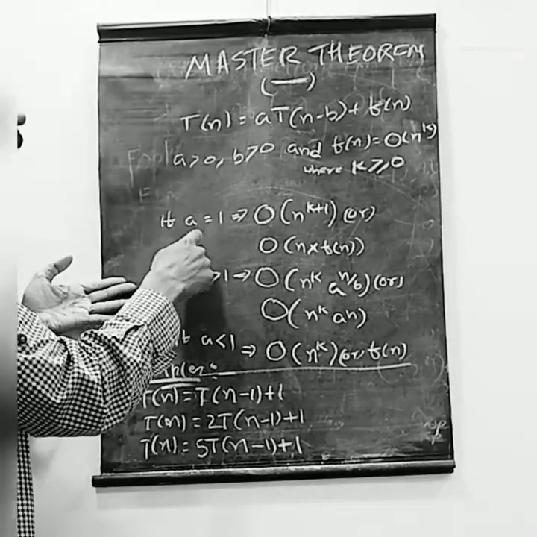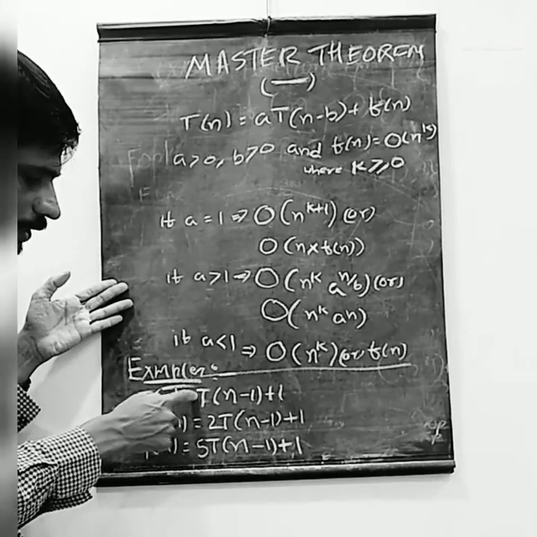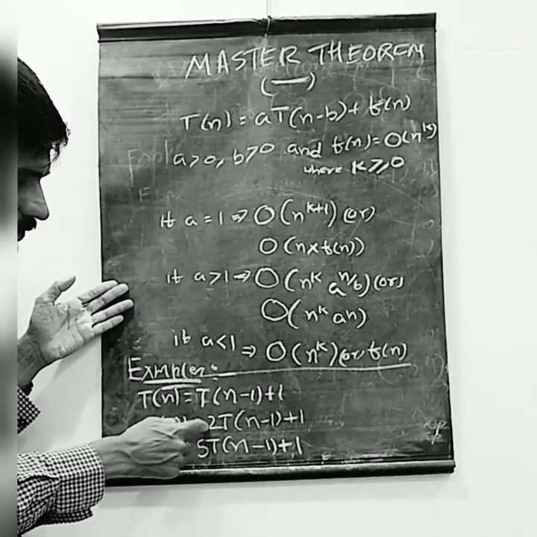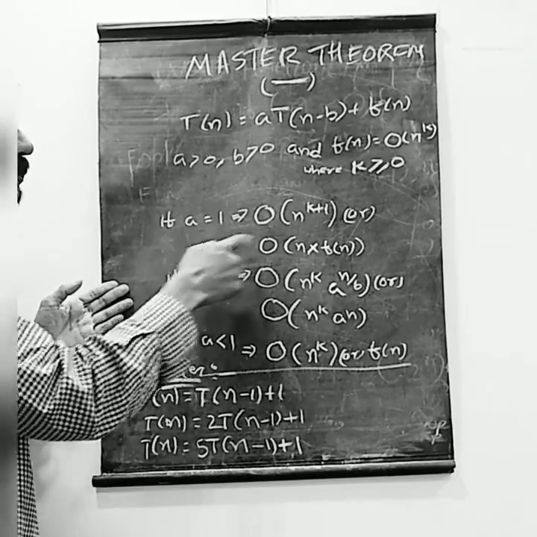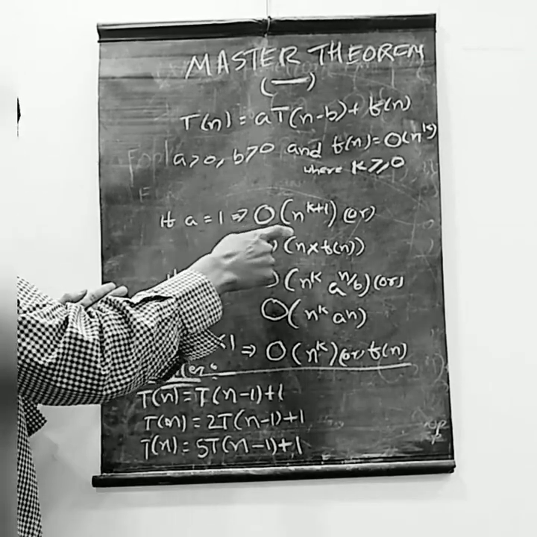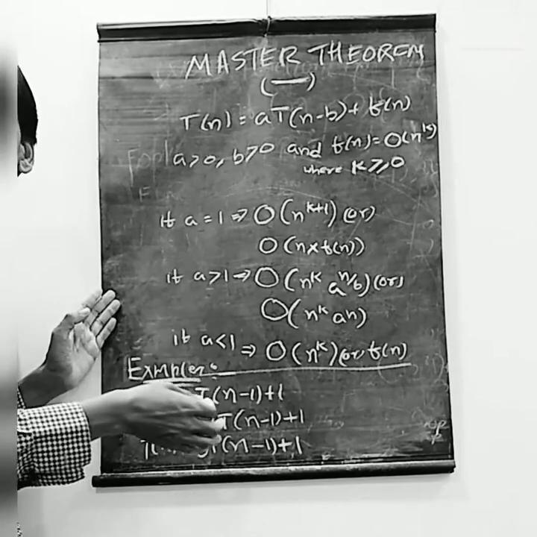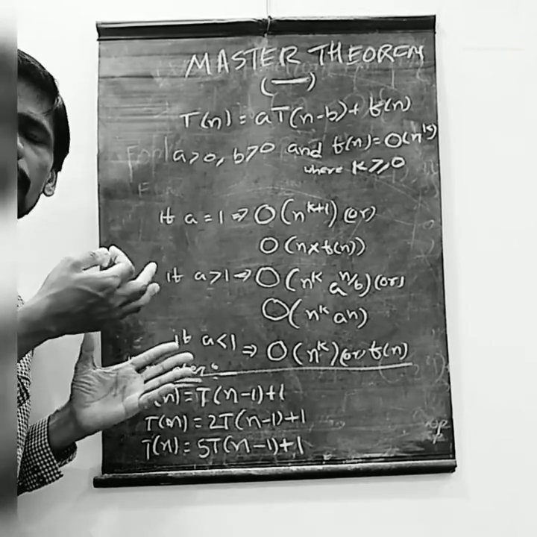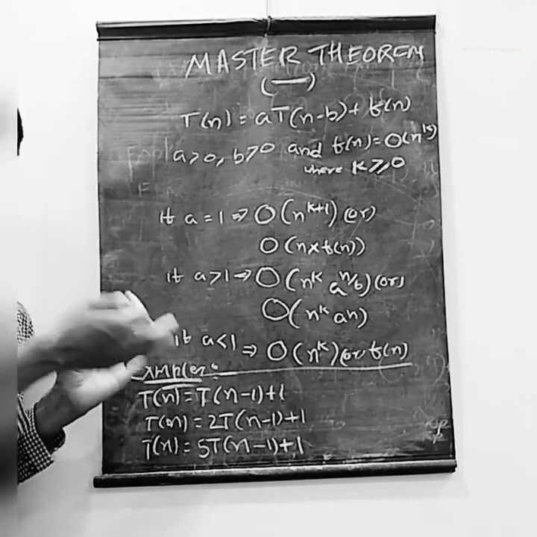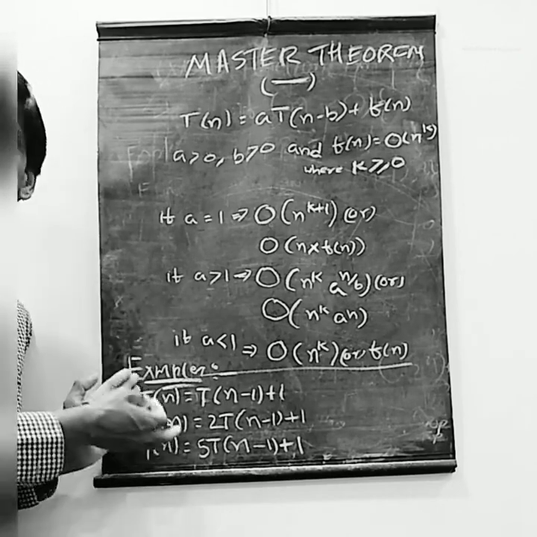If for example my A value is, in this case 1, in this case 2, in this case 5, right? So how do we come to the conclusion, how do we calculate the complexity of my recursive program? By using a recurrence relation.